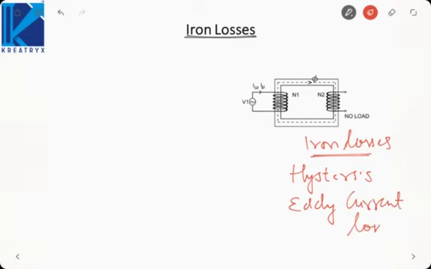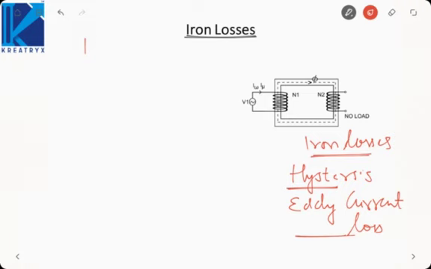Now, as many of you very well know, iron loss or any other loss for that matter consumes real power. The difference between real and reactive power is that real power is actually useful power, or the power that can be dissipated. Reactive power is the energy stored in the system. So any sort of loss is concerned with the real power.